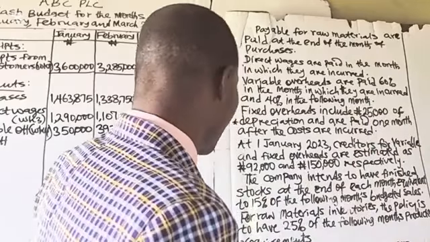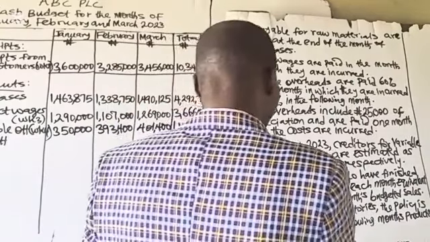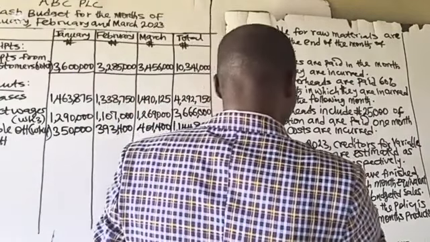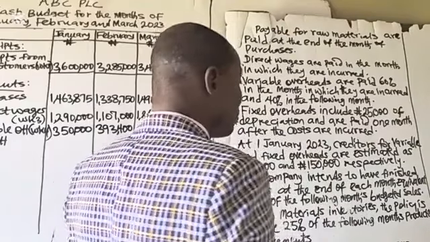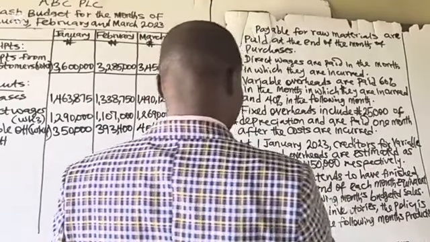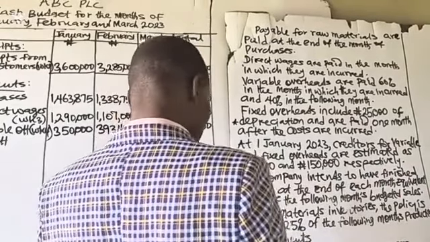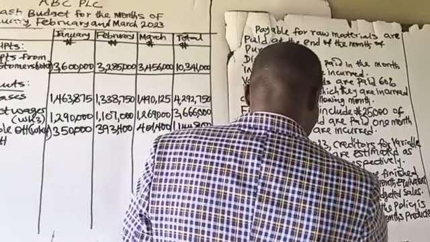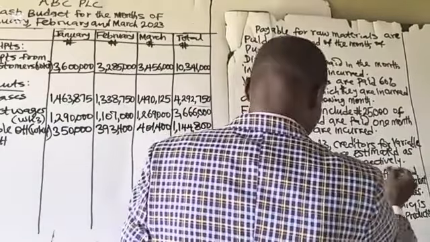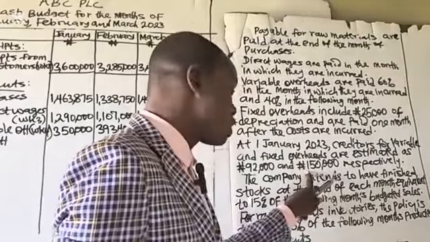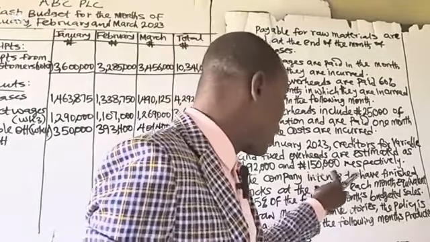Now, remember, you were told as at 1st of January 2023, creditors for variable and fixed overheads are estimated as 92,000, which we have used, and that of fixed overheads amounted to 150,000 naira respectively. This is the outstanding creditor, the fixed overheads that have not been paid.